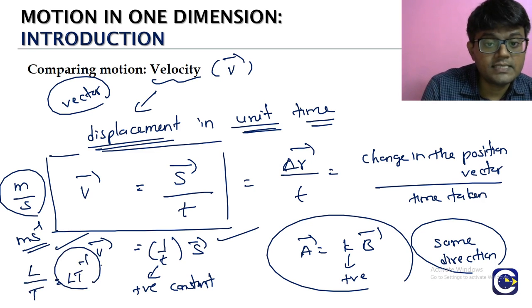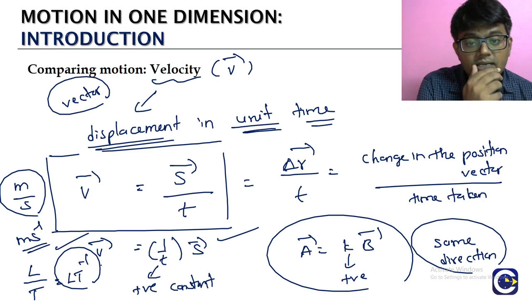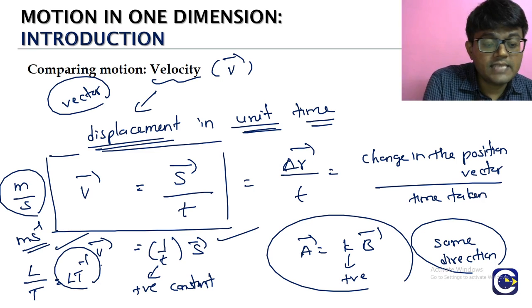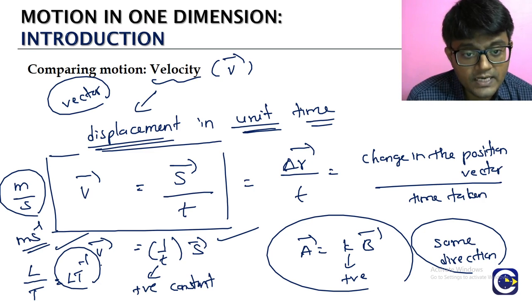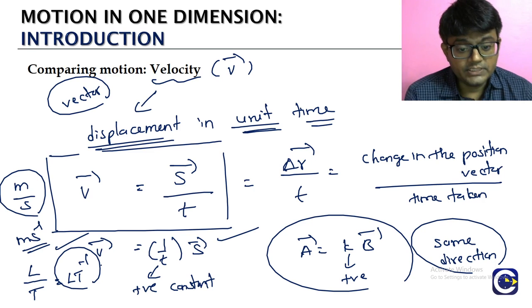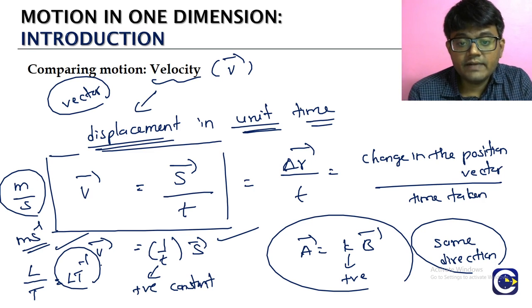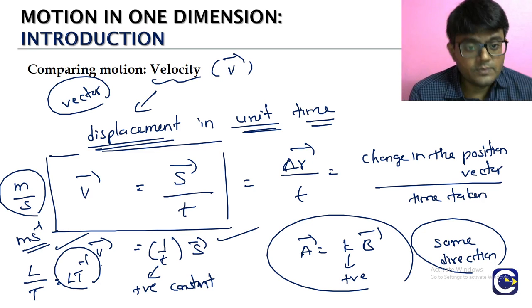So here we see that speed and velocity have the same SI unit and also the same dimensional formula. Okay, so this is the way in which we will measure the velocity. And one more thing is, the velocity vector direction will be in the same direction as the displacement vector.